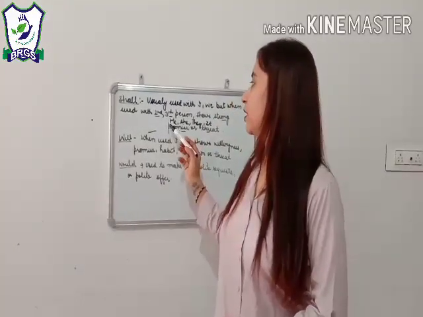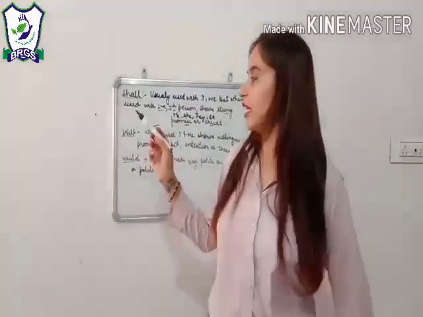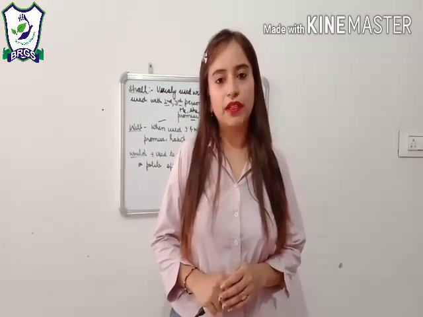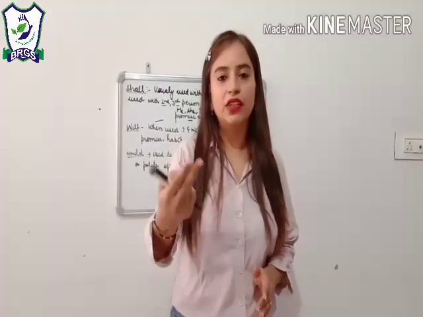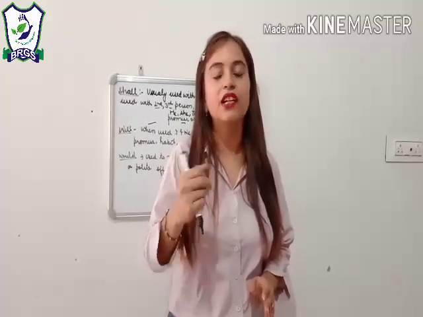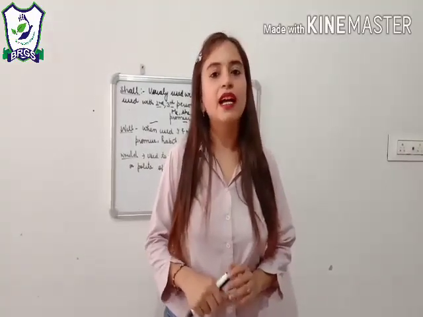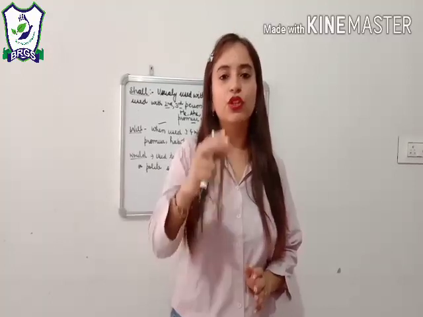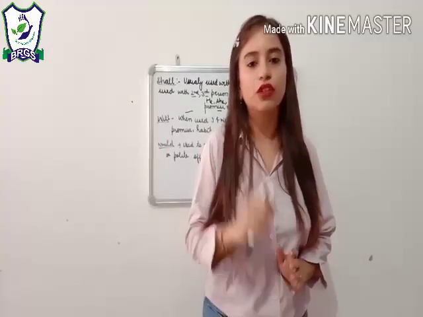For example, you shall get a new laptop on your birthday. If I am using shall with you, that means I am making a promise to you. You shall get a chocolate if you get good marks.